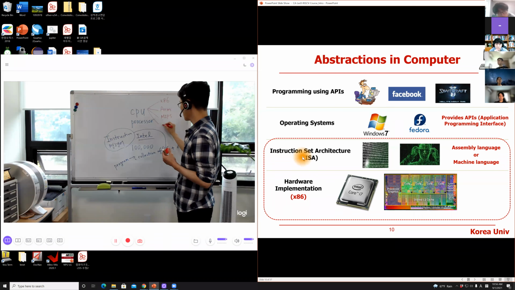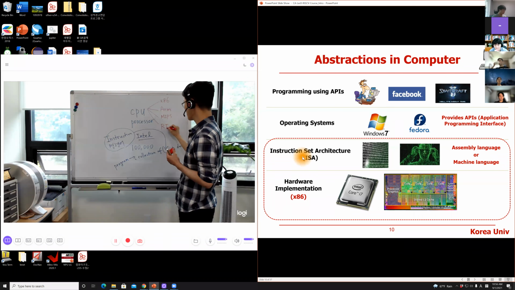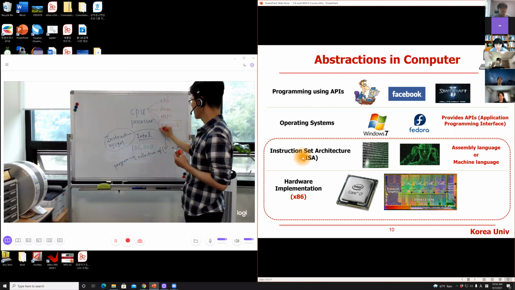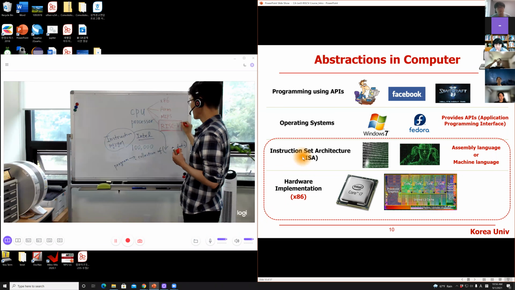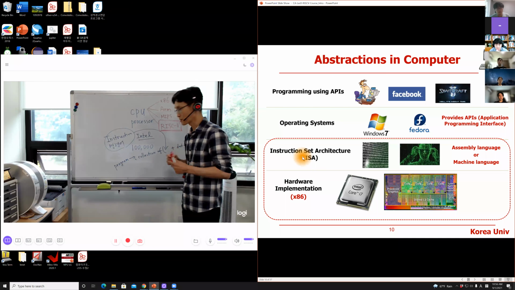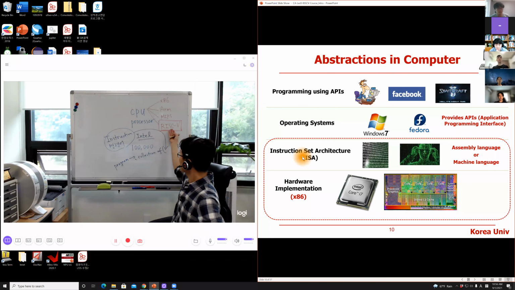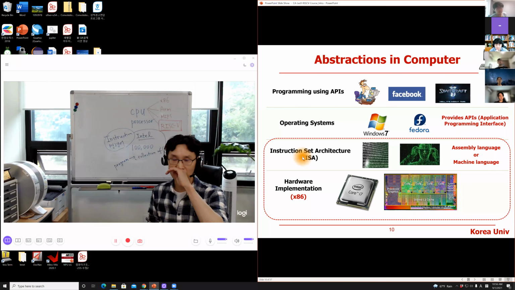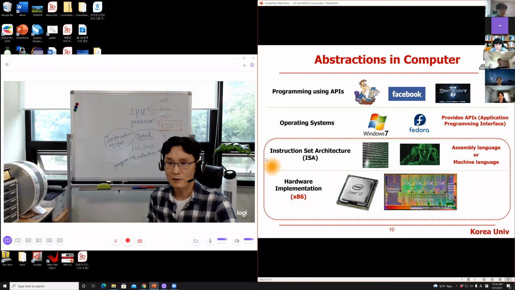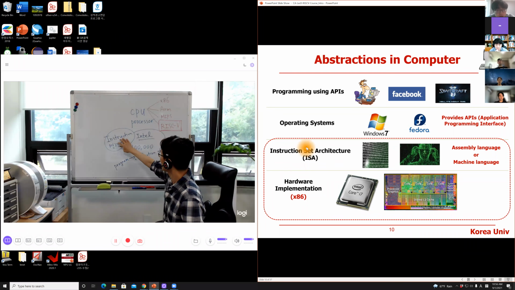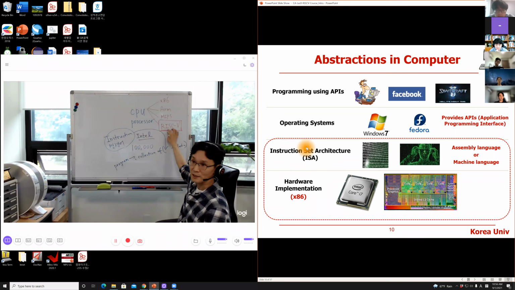The one we are going to study is called RISC-V. We are going to study the RISC-V CPU in this class, and studying the RISC-V CPU means you have to learn the instructions the CPU is providing.